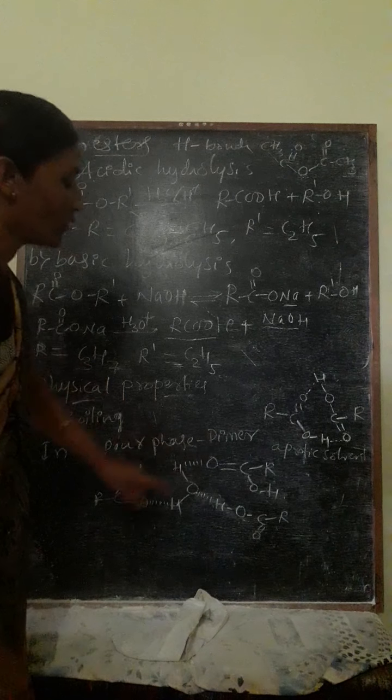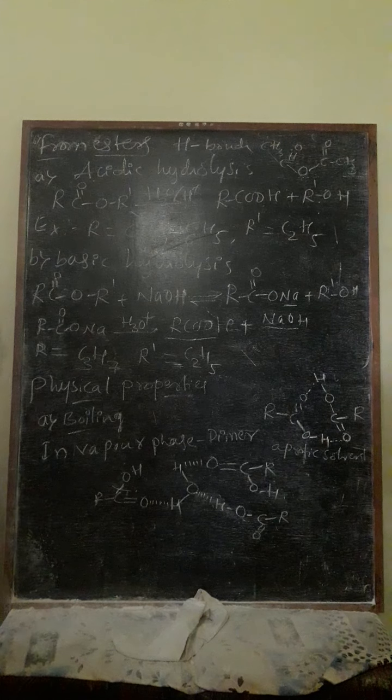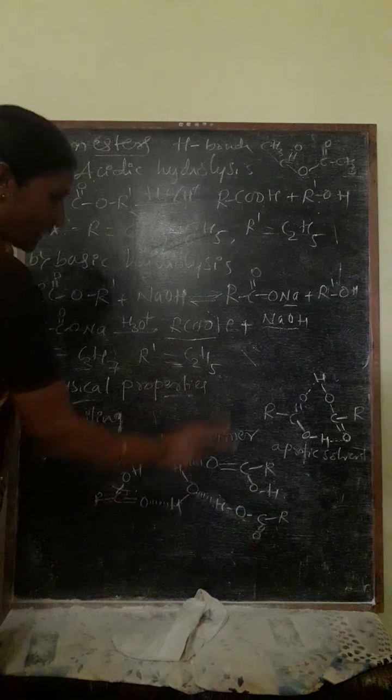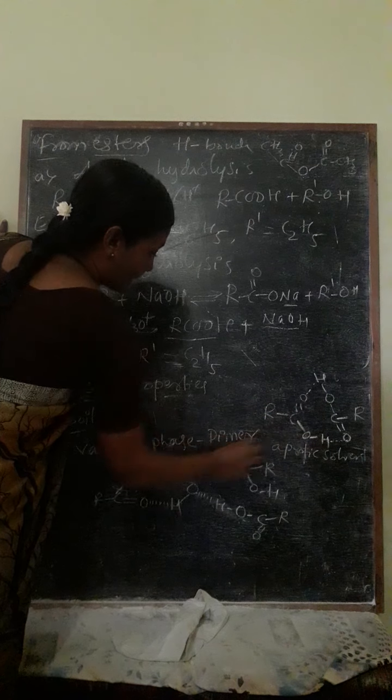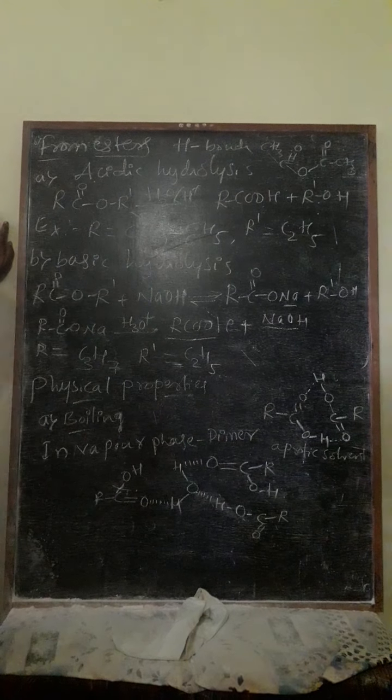This is because of strong intermolecular interaction between those hydrogen bonding among the molecules of carboxylic acid. Definitely two molecules are joining through hydrogen bonding, that is said to be dimer.